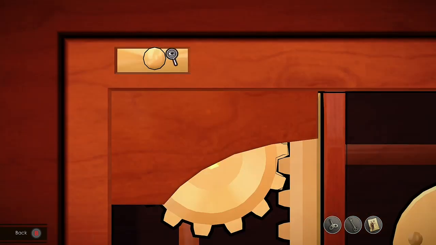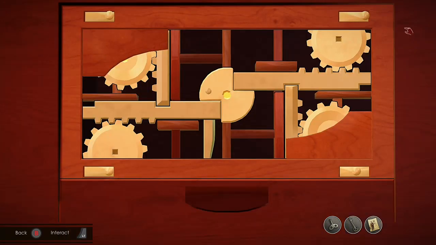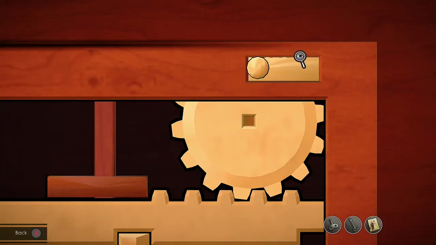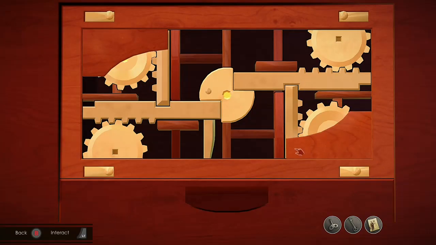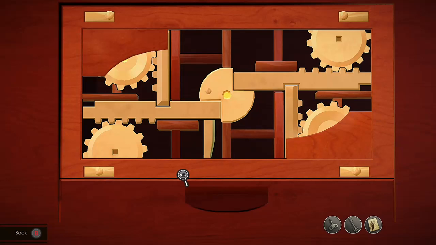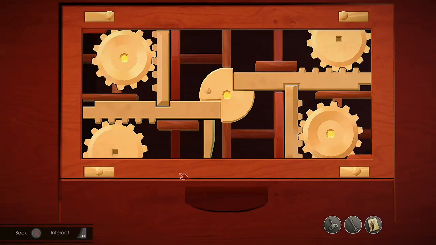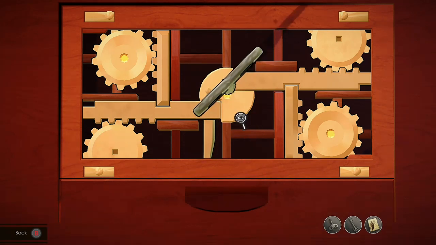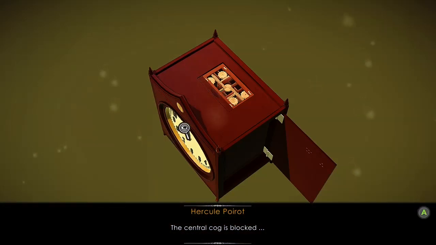Right, let's give it another try. So, 3, 1, 2, because there's only 3 positions. Yay! Of course. The central cog is blocked. Yeah, I know.